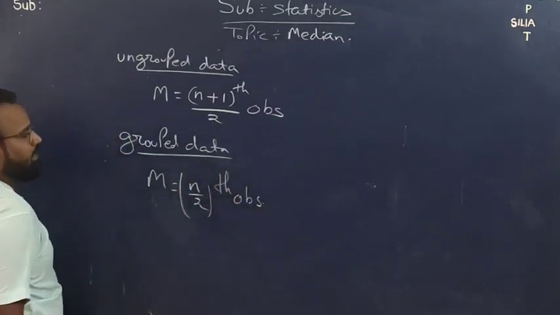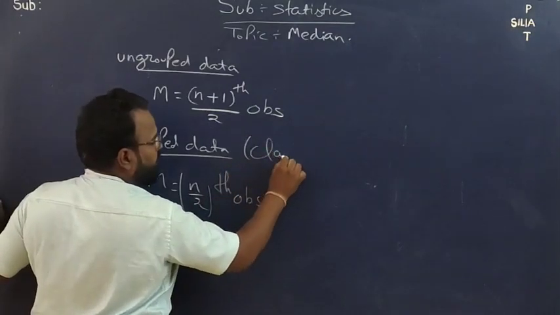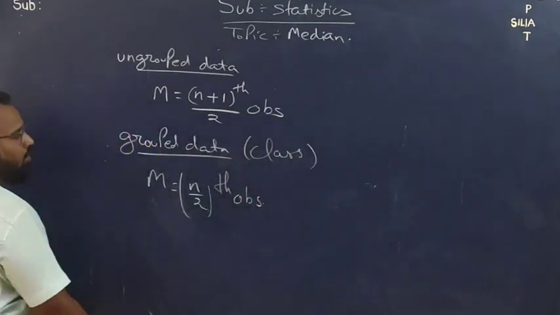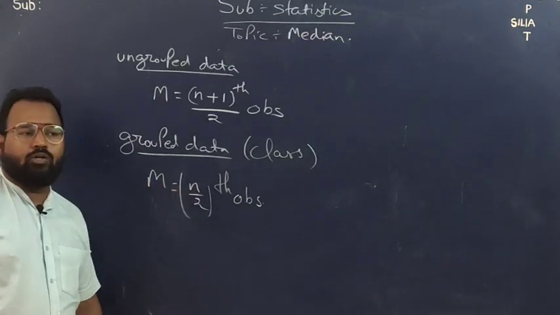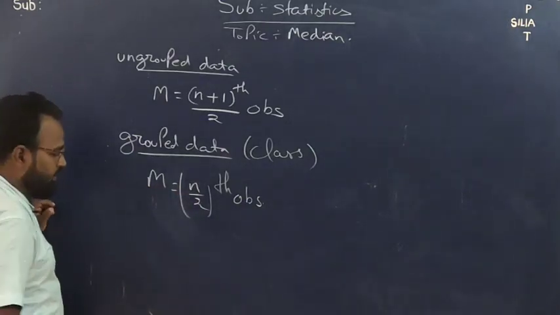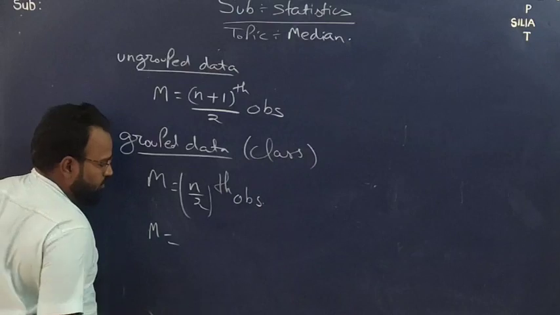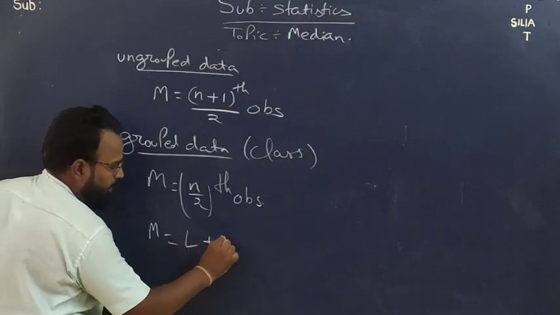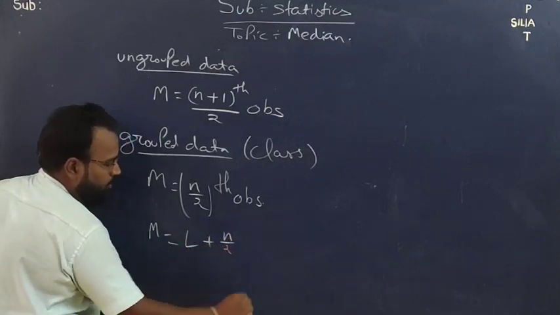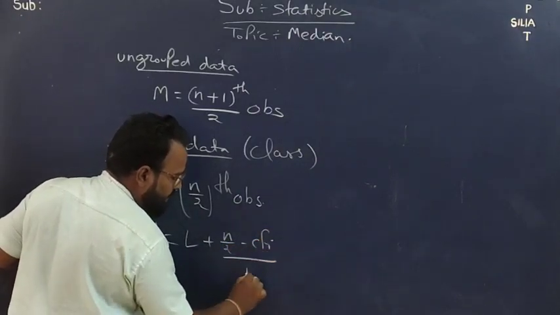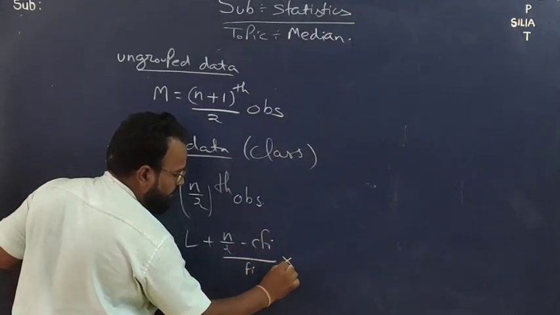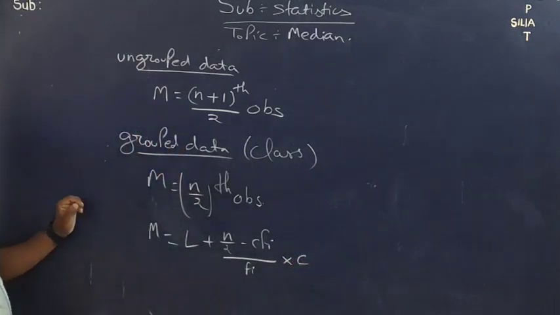For the grouped data, that is class, or we can say a continuous frequency distribution, after finding n upon 2 observation, the next formula to find the median is M equals L plus n upon 2 minus CF upon f multiplied by c.